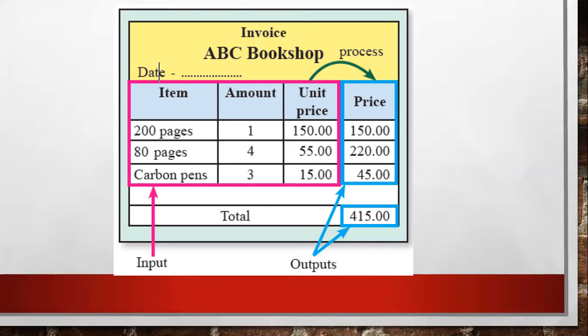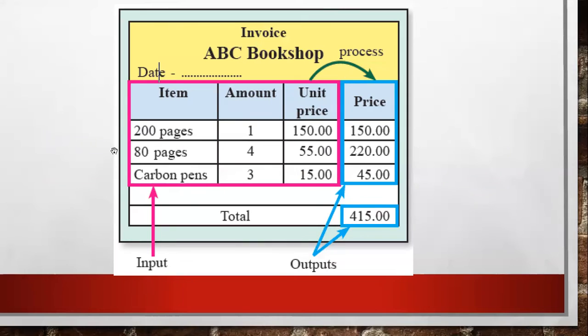Here, this is the way we analyze the problem. There's an invoice that was taken from ABC bookshop. There are 3 items with amounts, unit prices and total prices. In pink color, you can see inputs, in green color you can see process, and in blue color you can see outputs.